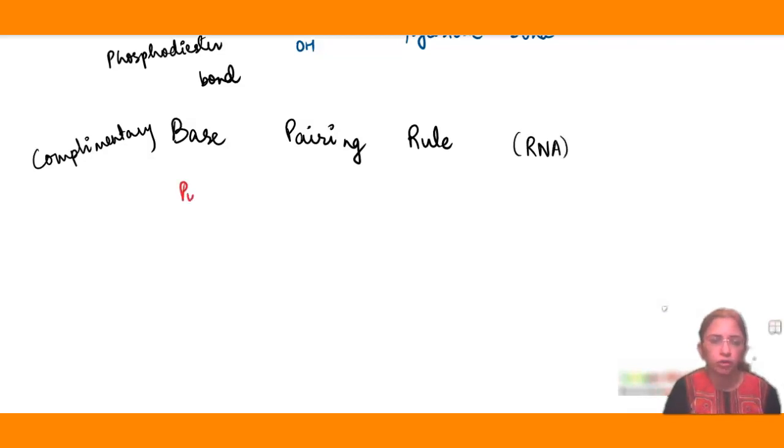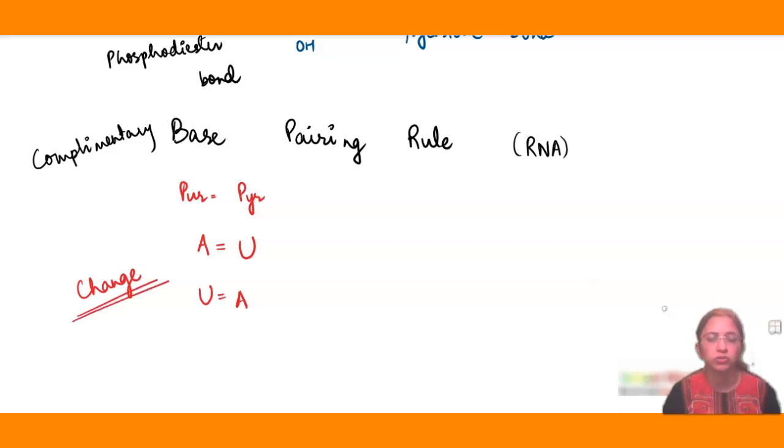So purine will always bind to the pyrimidine. This is the law. So let's take an example. A will always bind to U because there is no T. Okay. And U will always bind to A. This is one change from DNA because there is no thymine found in the case of RNA. So adenine, which falls in the category of purine, will always bind to a pyrimidine, that is uracil.